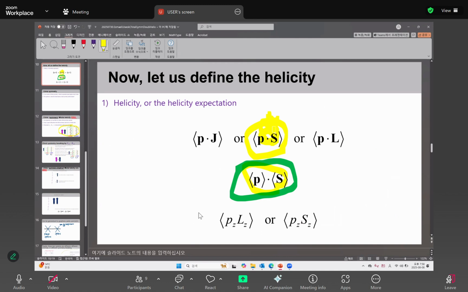This will be very important. Ismail, maybe you can try to work on your tight binding code. Do you think you can define the helicity operator in the tight binding code? I think so, yeah.